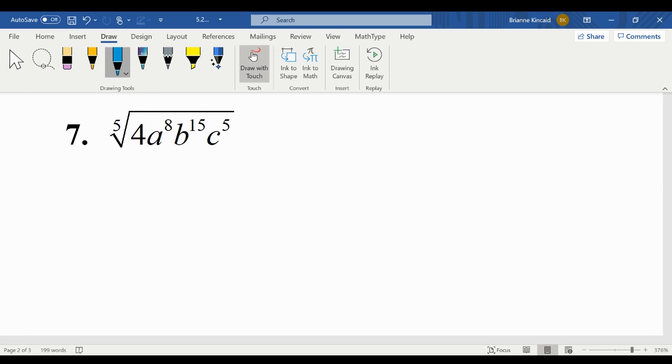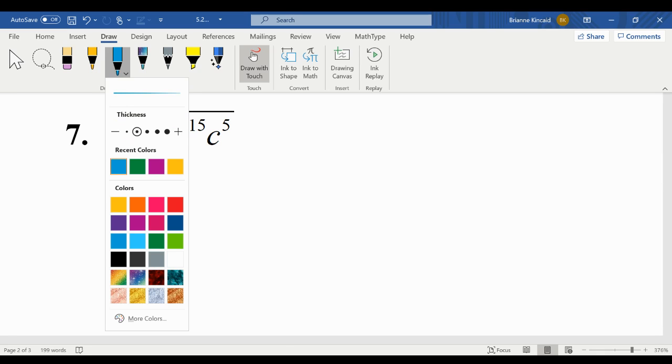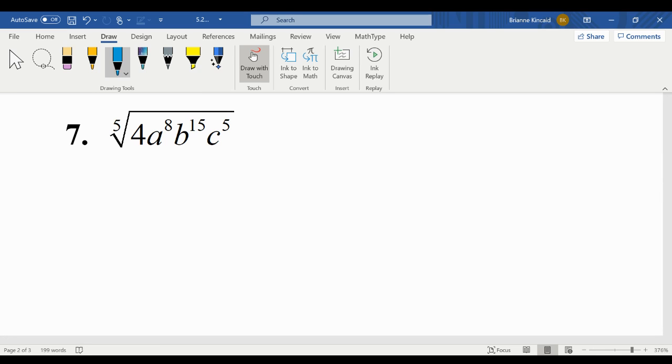So I have the 5th root, so I'm trying to write things as something to the 5th. 4 can be written as 2 squared, but because it's not a power of 5, it's really not helpful to us.